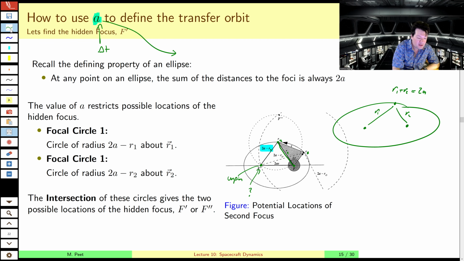So if we are searching for the possible locations of this hidden focus, we know that it must be exactly distance 2a minus r from this point R2. So we can just sweep out a circle about that point of radius 2a minus r, and we know that the hidden focus must lie somewhere on that circle. That's focal circle 1. Well, actually, technically, it's focal circle 2. Can't get all my typos out.